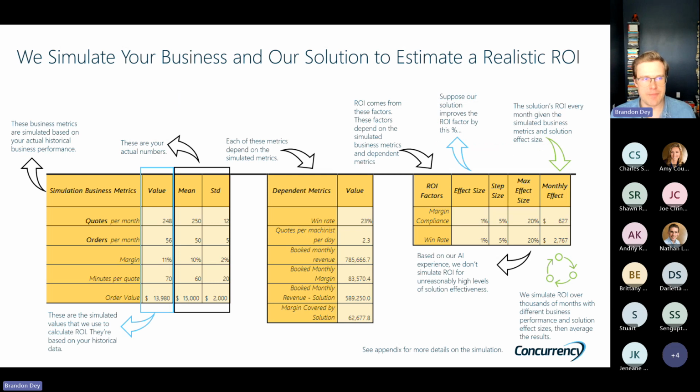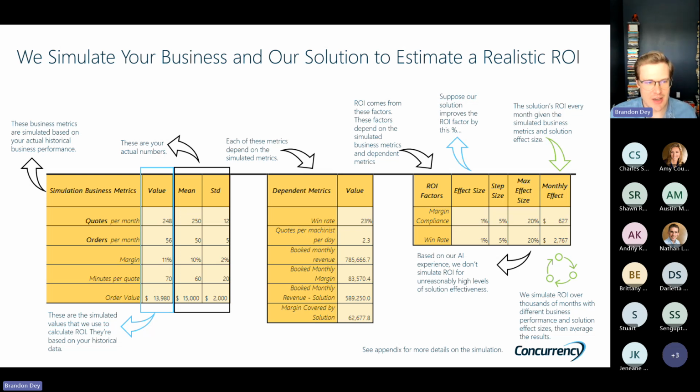Okay, so relatedly, we estimate the economic measurable ROI as robustly as we can. We do that by simulating the business environment and simulating how effective our solution is, combining both of those things and arriving at a dollar amount that gives decision makers a sense of how impactful the solution will be.